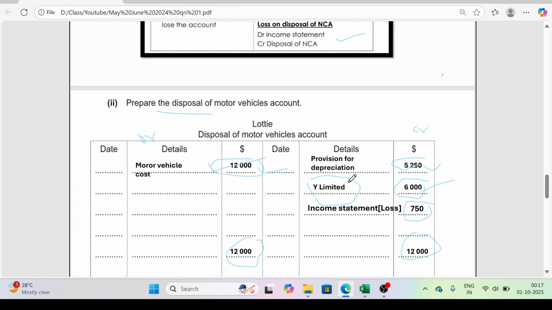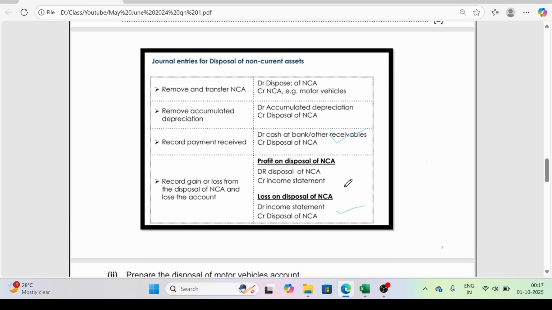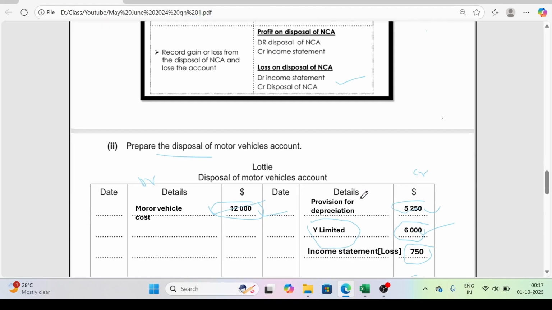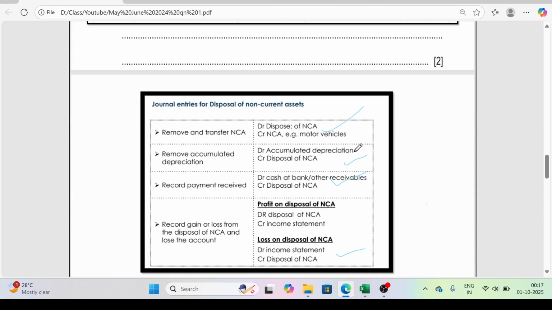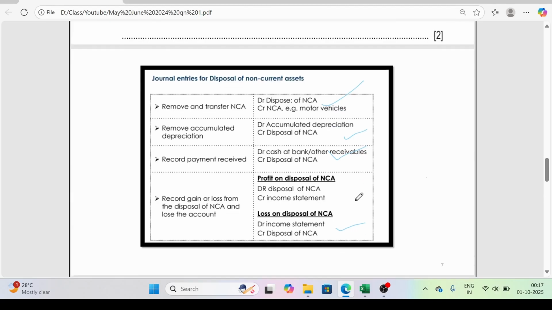So Y Limited you have to write here. So the journal entry. Okay. So provision for depreciation is here. Disposal, accumulated depreciation debit. Okay. So these three: one, two, three journal entries, and four. So four journal entries you have to practice. Okay.